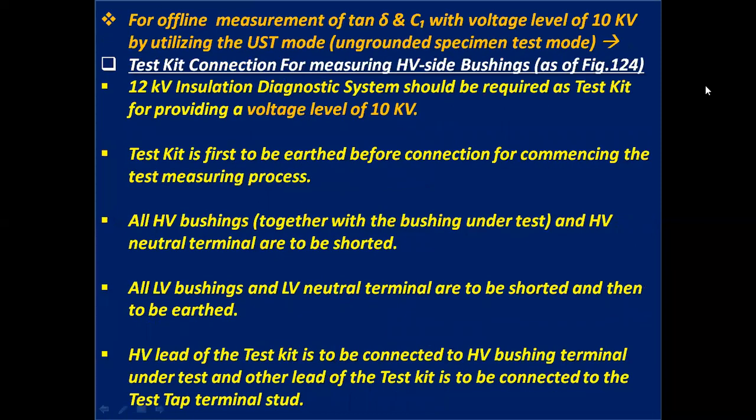For offline measurement of tan delta and C1 with a voltage level of 10 kV, the UST mode, that is ungrounded specimen test mode, is used.